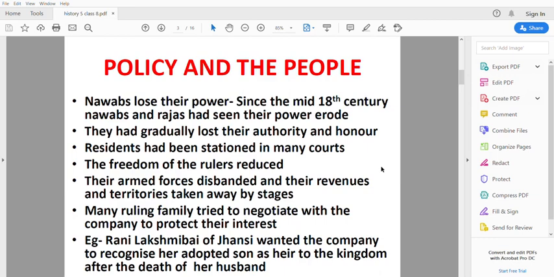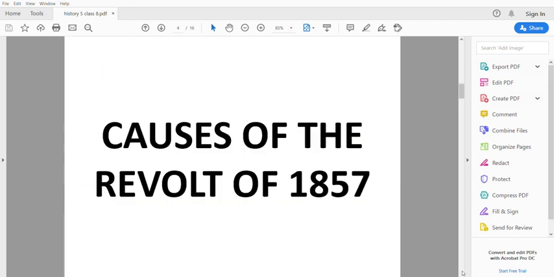Many ruling families tried to negotiate with the company to protect their interests. For example, Rani Lakshmi Bai of Jhansi wanted the company to recognize her adopted son as heir to the kingdom after the death of her husband.